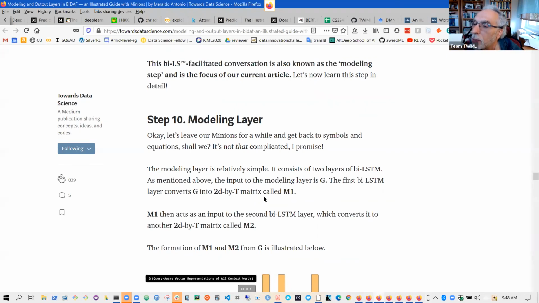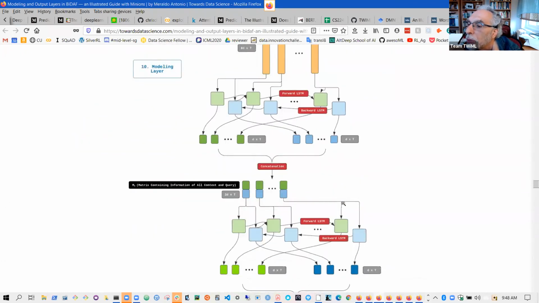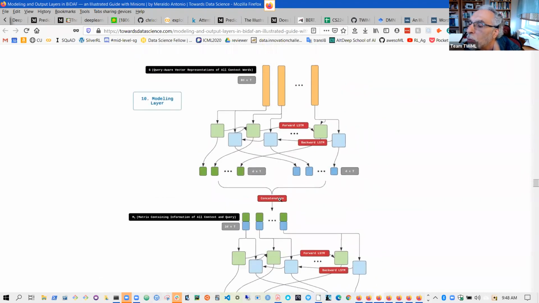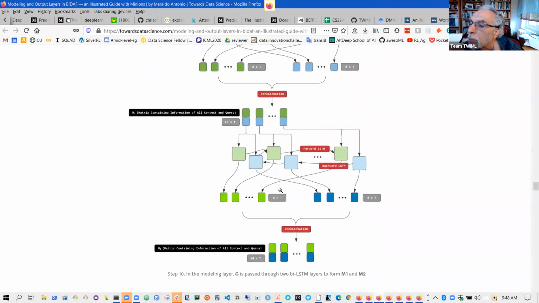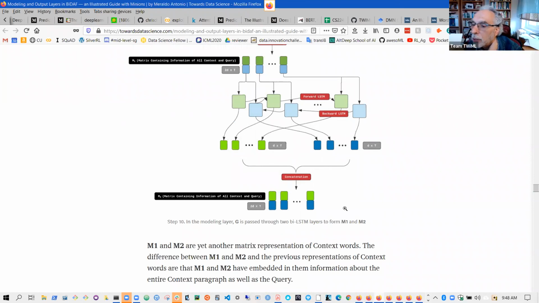The first LSTM produces M1, just as you said, and the second one produces M2. So G goes in, M1 comes out, and then M1 goes in, M2 comes out.